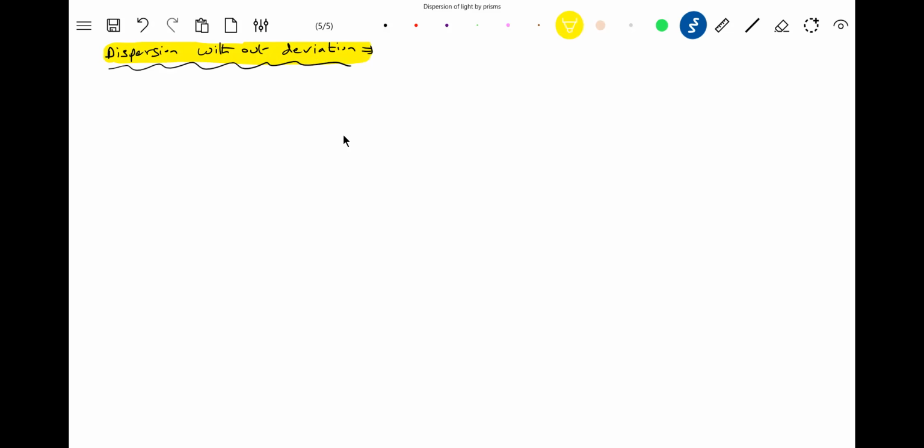So I'm going to pick up dispersion without deviation. Let me take the combination of prisms.